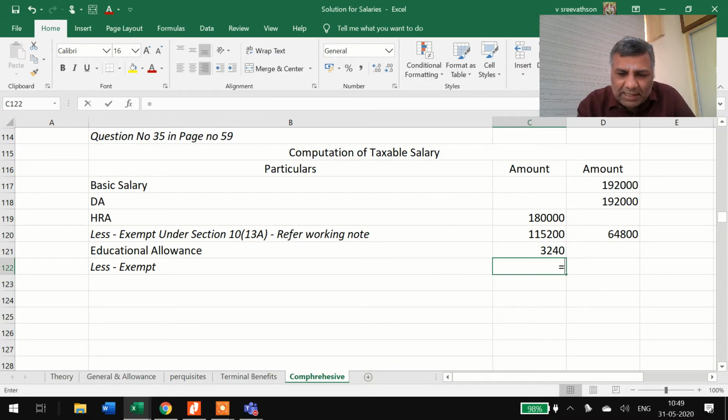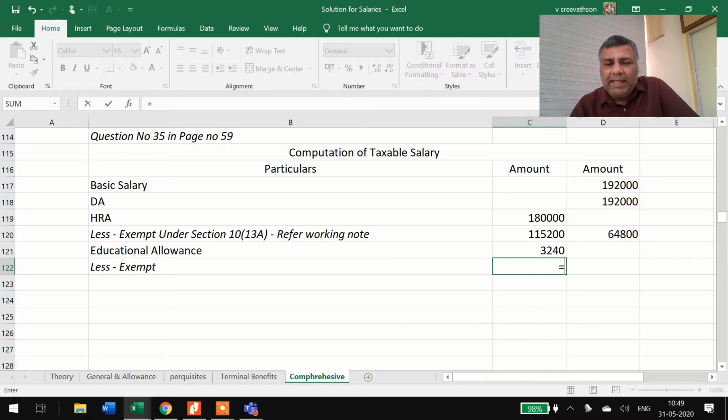It cannot be 100 into 2 into 12, because what is given itself is only 90 rupees. Repeating, my dear friends, the exemption cannot be 100, because what is given per child is not 100, it is less.